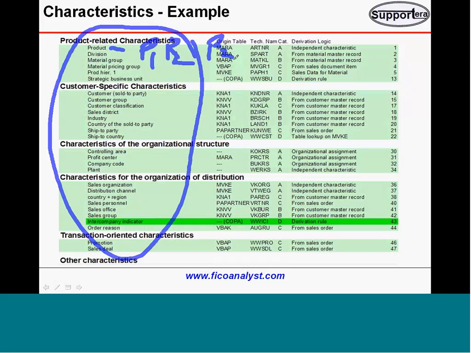If I want to analyze by P1, P1 is my one segment, P2 is the second segment, P3 is another segment. Now the same way I have customers C1, C2, C3, and C4. So now I have segments. How many segments do I have? 1, 2, 3, 4, 5, 6, 7, 8.